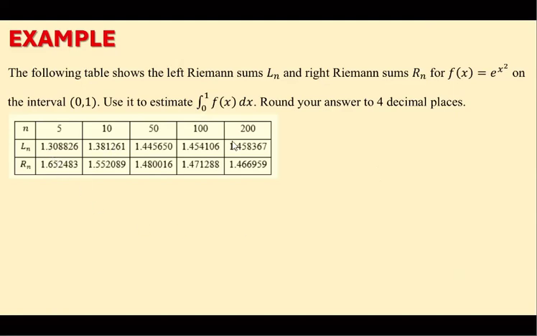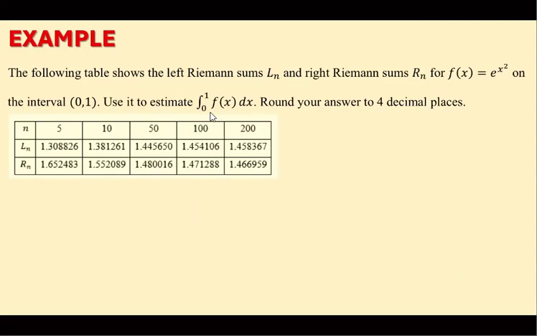We know that left Riemann sum and right Riemann sum give the estimation of the definite integral for a higher value of n. But we have also learned that the midpoint Riemann sum will be better. And midpoint Riemann sum is the average of the left Riemann sum and right Riemann sum. So to estimate the value of this definite integral, let me write here.